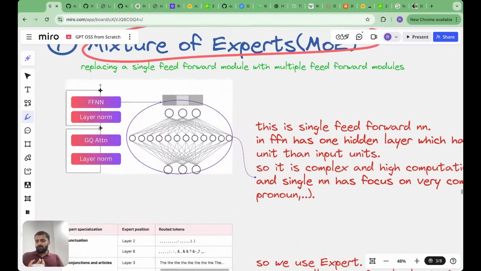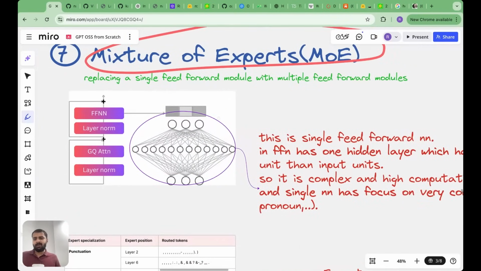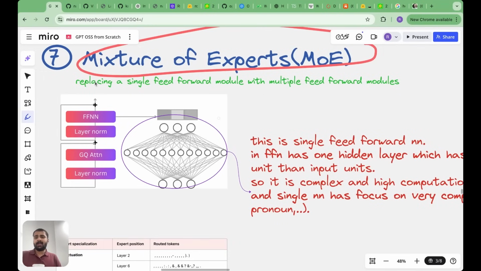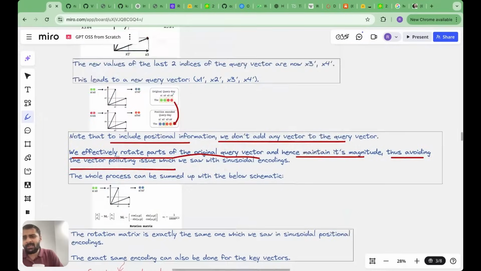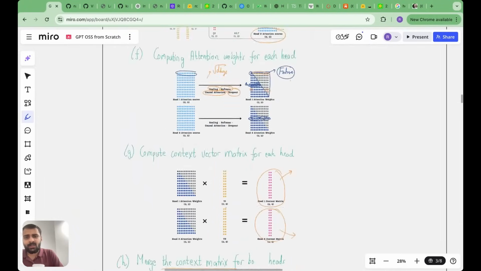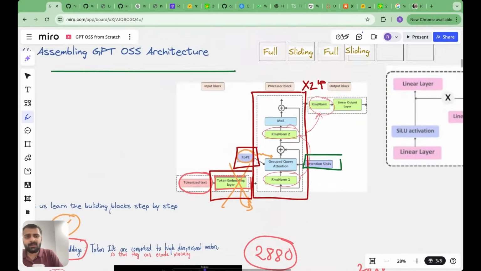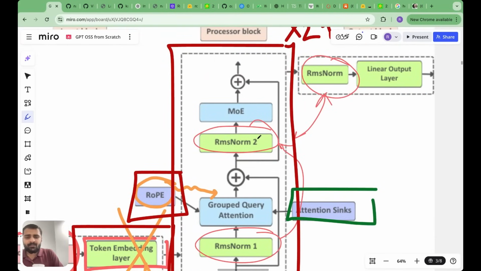The simplest way to think about mixture of experts is that we replace the traditional feed forward neural network module, which is present in the transformer architecture. And what do we replace it with? We replace it with multiple feed forward modules. So basically, if you look at any traditional transformer architecture, once you come out of the attention block, you have a feed forward neural network.